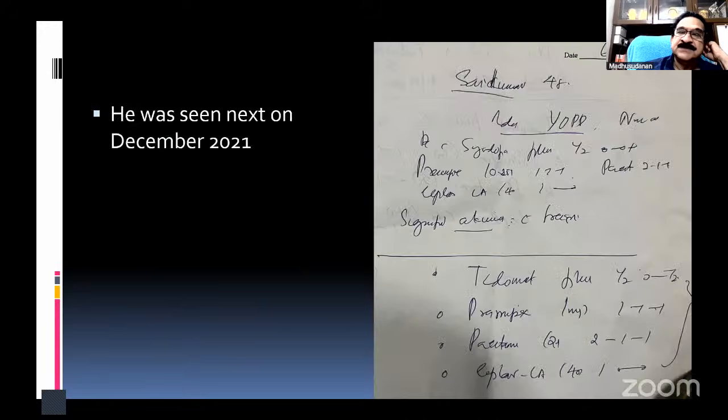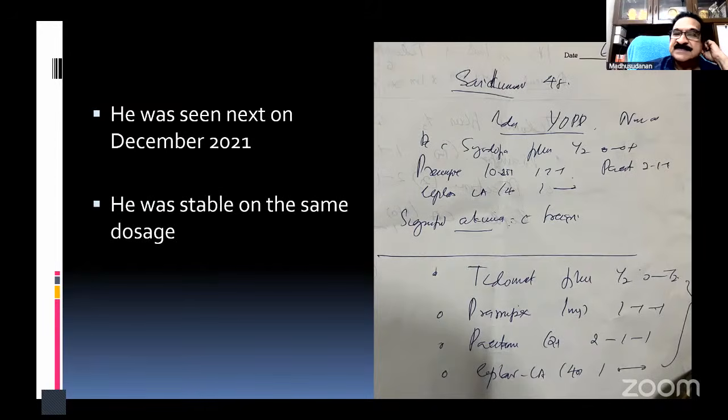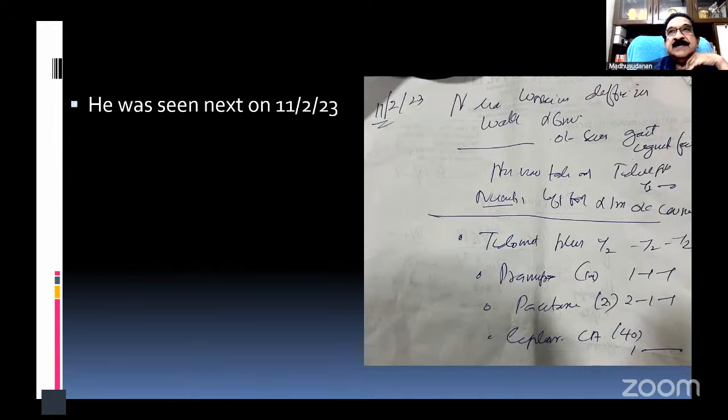He was seen next in 2021, 11 years after the initial presentation. At that time, he remained stable on the same small dose of levodopa. Then he was seen in February 2023, 2 years back.